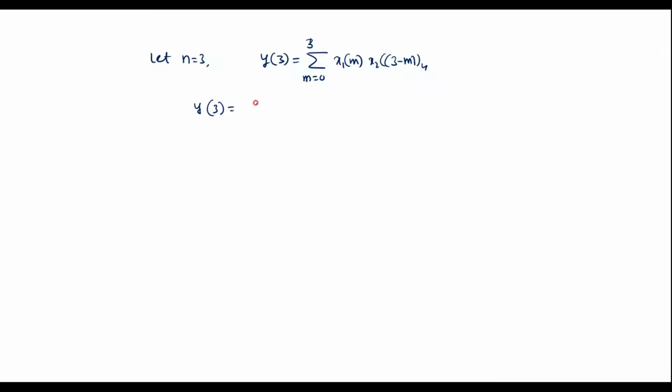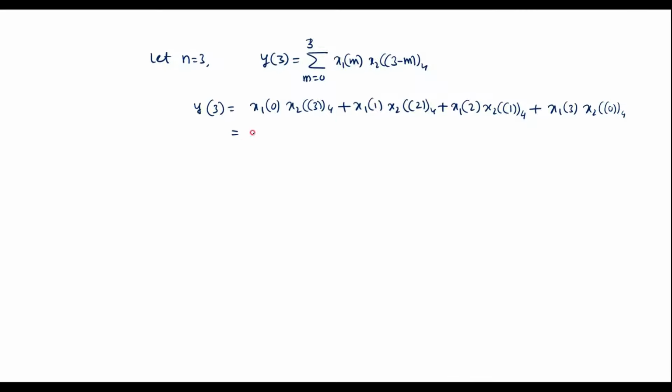I will expand the summation: x1 of 0, x2 of 3, plus x1 of 1, x2 of 3 minus 1 is 2, plus m equal to 2 we get x1 of 2, x2 of 1, plus m equal to 3, that is x1 of 3, x2 of 0.